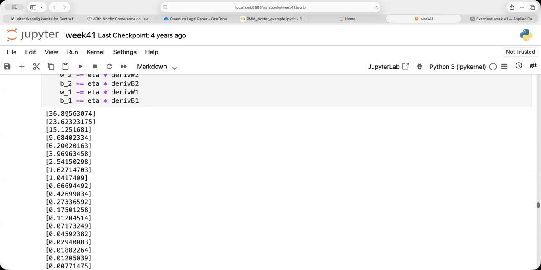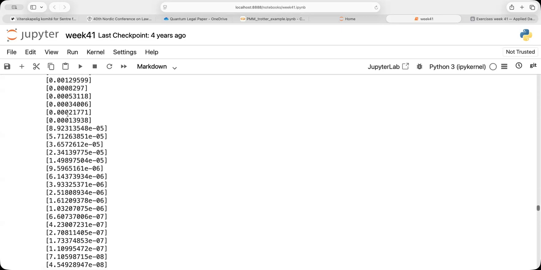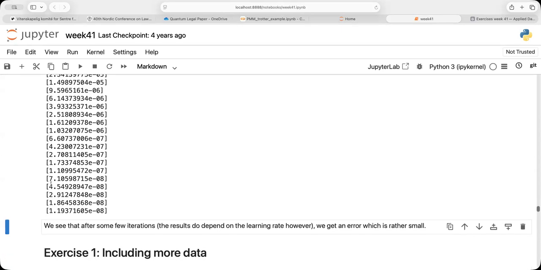So in the beginning, it's pretty large because I have a crappy value. But then you see now that as soon as I move on, you would see that this is getting smaller and smaller. So if you can live with this as a cost function, 10 to the minus 8, which is the mean squared error, if you're happy with that one, we would stop here.